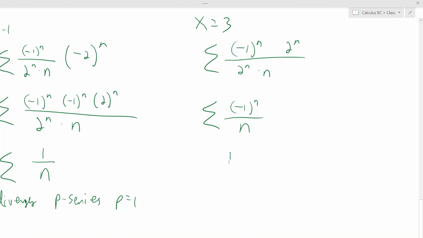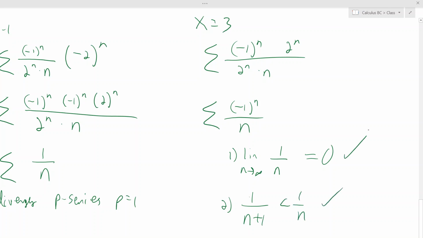And we're going to say yes by the alternating series test, which I just wrote out a minute ago, but we'll do it again. The limit as n goes to infinity equals 0. There's no n plus 1 there. Is the n plus 1 term less than the nth term? So yes, that's true. Yes, that's true.